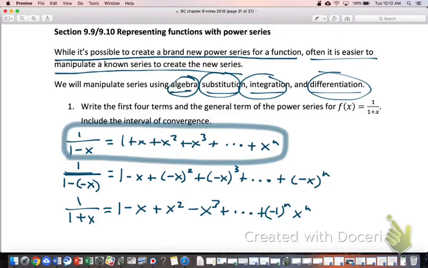And so what we did is we substituted a negative x in for x. So that did not change the centering point, did it? And it shouldn't change the radius either, but it could have changed endpoint behavior, right? So let's think that through. So we know for sure that the center is 0 and the radius is 1. So then we don't know about the openness or closeness of those interval endpoints.